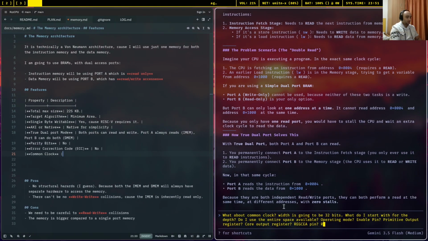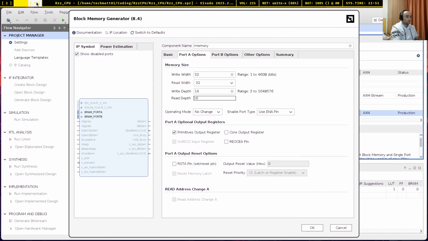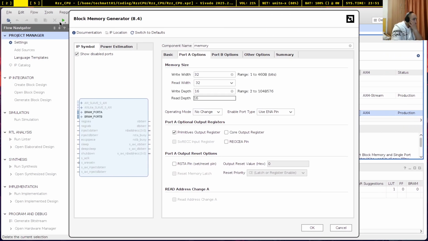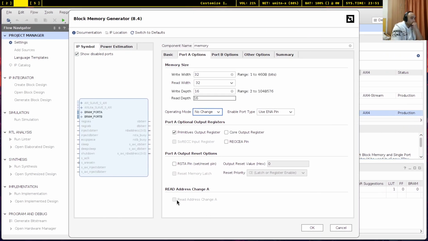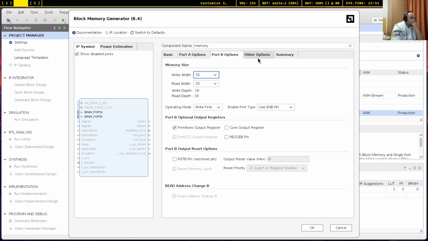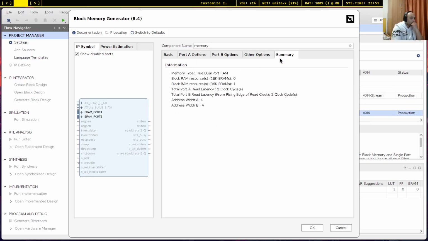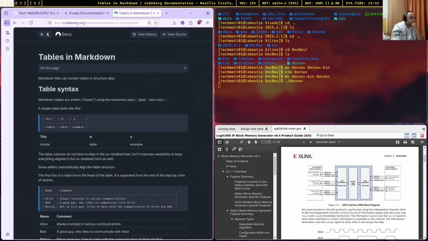Reset synchronous pin. Okay, that's all for now.